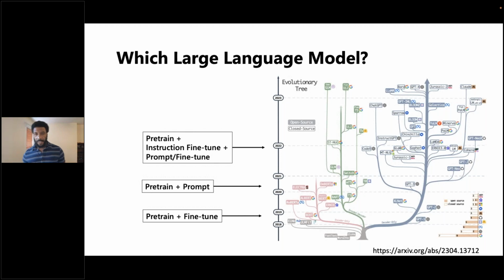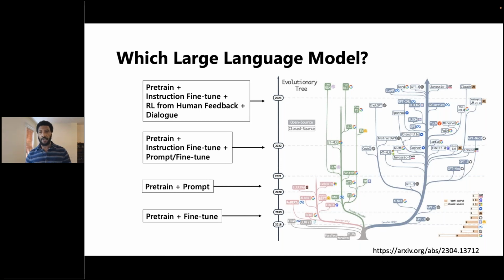This then led to approaches where we fine-tune these models with instructions such that they are better at answering prompts, and this led to further improvements in how easily these models can be transferred for various downstream applications.